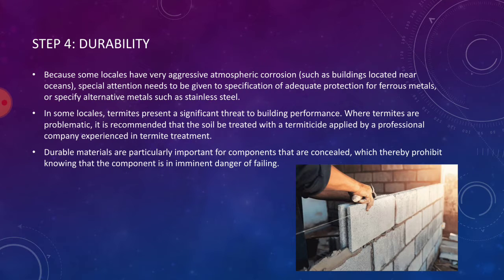So if in any case an alternative metal can be used, such as stainless steel, it would be the best way to go. And in some locales, in the case you are building a wooden structure and termites are a problem that can affect your building performance, it is recommended that the wood be treated with a pesticide applied by a professional experienced in termite treatment, in order to allow these effects to be mitigated completely.